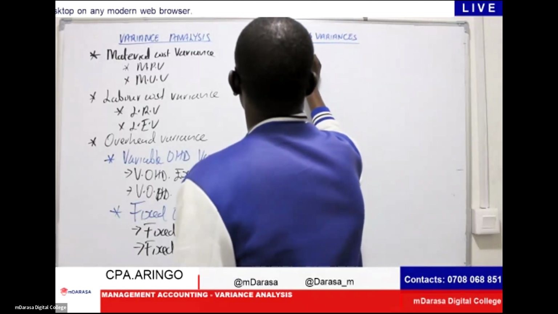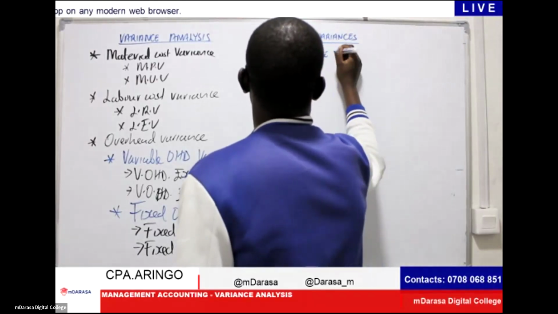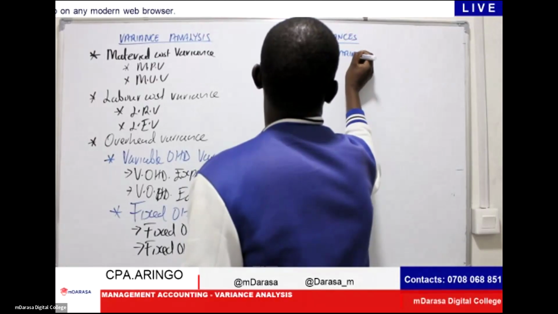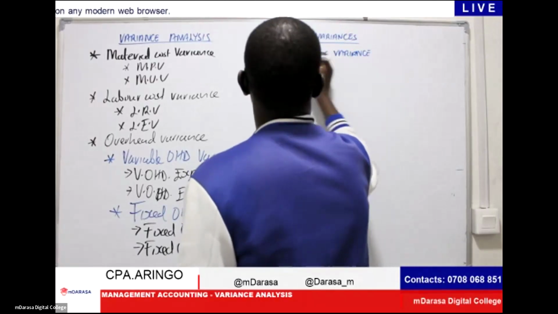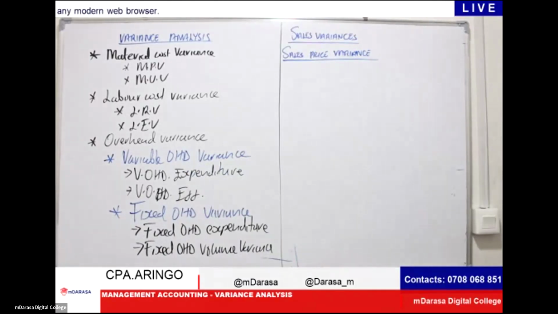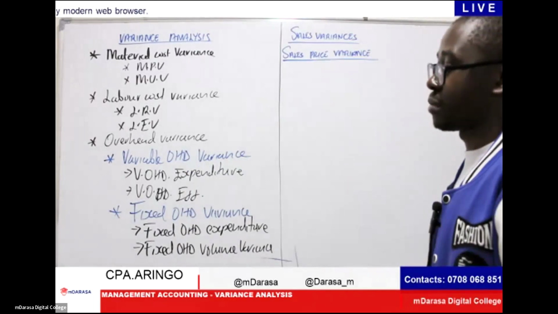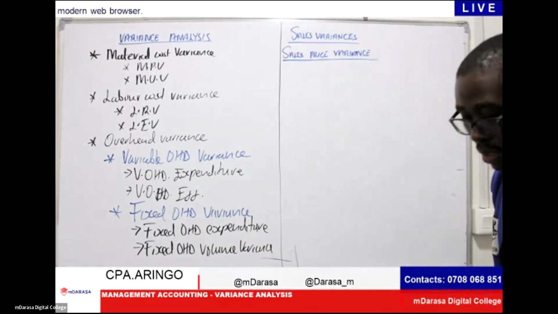Number 1 is what we normally refer to as the sales price variance. Let us talk about the sales price variance, my good students.